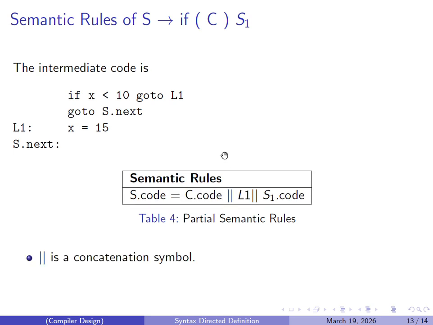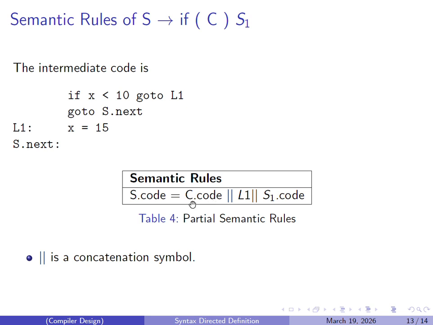Now coming to the S.code, it is a synthesized attribute. It's going to make use of the right hand side attributes. So we need to take the code. So initially we take the code for C.code and we use two vertical bars which represents a concatenation symbol. It's like you're combining several lines of code.